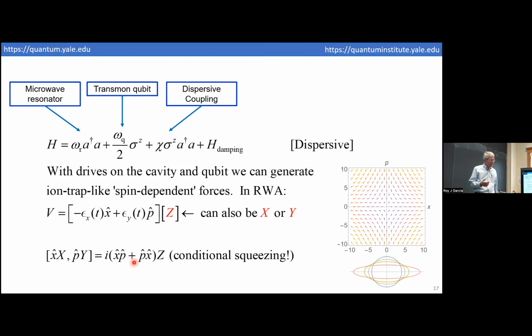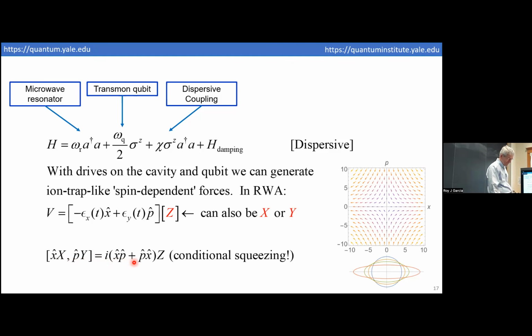If Z is +1, it squeezes momentum. If Z is -1, it squeezes position. If it's in a superposition of +1 and -1, it does both. It entangles the squeeze state of the oscillator with the qubit.